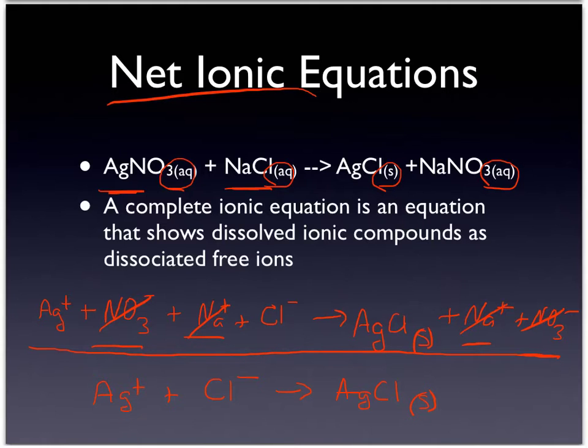When we balance this, we have to balance the elements and we also have to balance charges. There's one silver on the left and one on the right, one chlorine on the left and one on the right. The positive and negative on the left equal 0, and compounds are neutral. So this is a balanced equation. This is my net ionic equation.